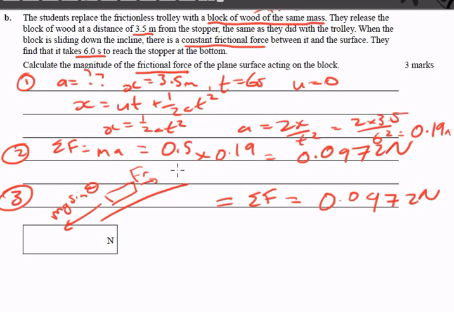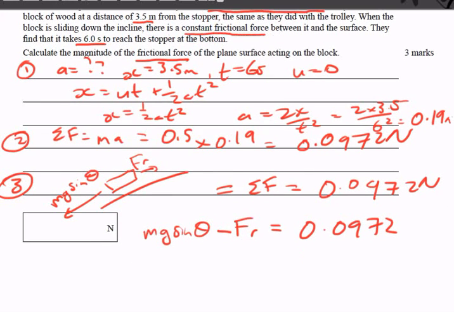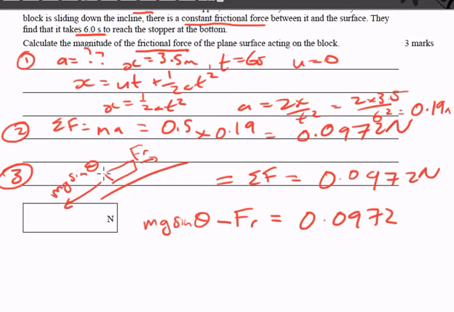Therefore we've got mg sine theta minus, because this one's going down and this one's going the other way, the frictional force equals 0.0972. So I've taken my picture here, equals the total force which I worked out, and written it as a maths equation so I can solve it a bit easier. I know it's minus because one's going this way and one's going the other way.